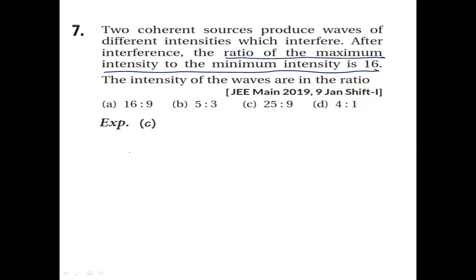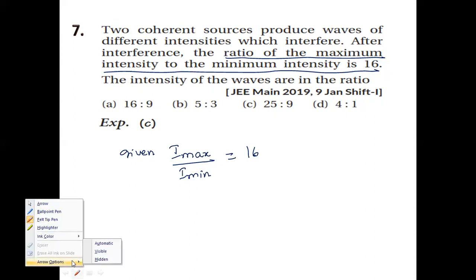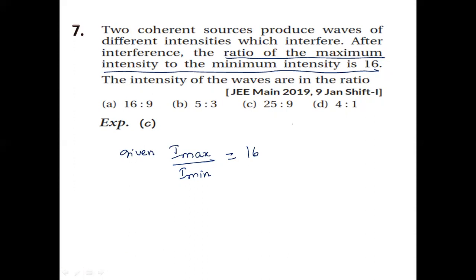That means they gave us the maximum intensity to the minimum intensity as 16. Now we need to find the ratio of intensities of the waves, I1 by I2.